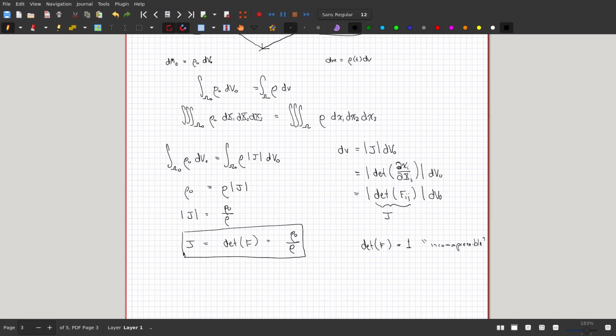As we'll see next time, and again, we will have class Thursday here, all you have to do to get the regular form of conservation of mass that you're used to is take the material time derivative of this equation. You don't need Reynolds transport theorem.